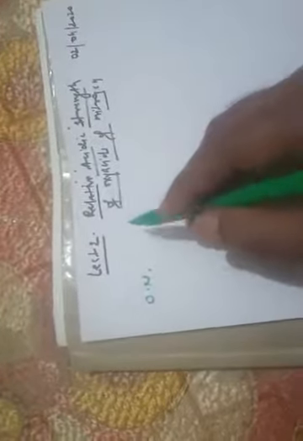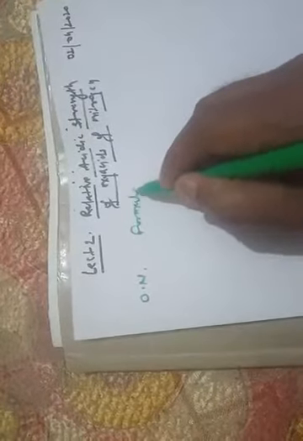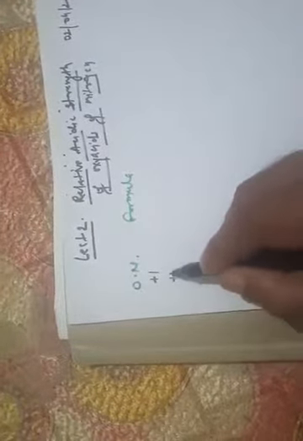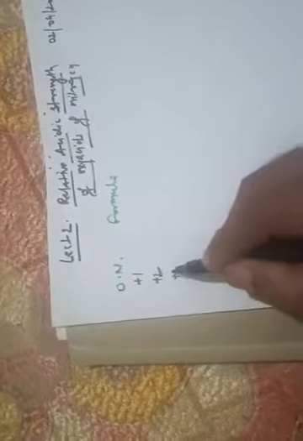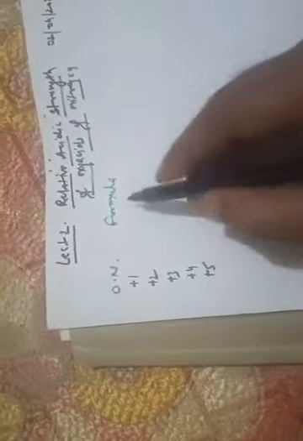As we know from the previous lecture, the oxidation numbers of the different nitrogen oxides are +1, then +2, then +3, then +4, and then +5.